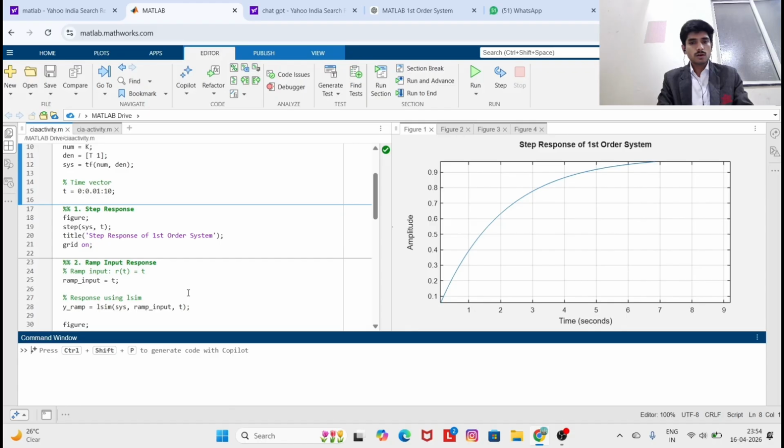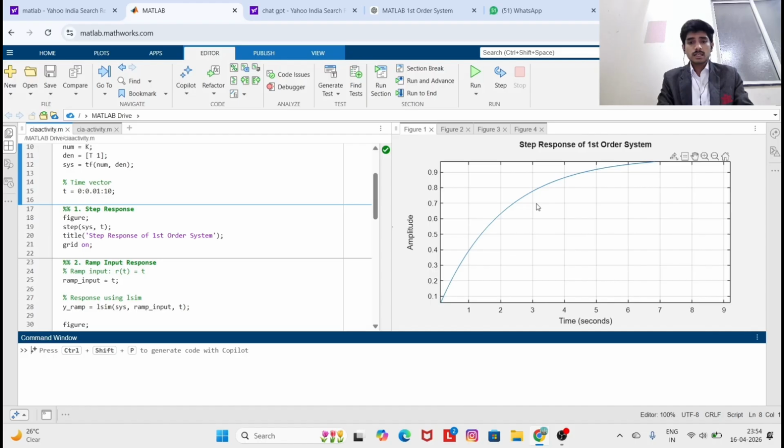The response follows the exponential rise. Finally, the output reaches a constant value, meaning the steady state. There is no overshoot or oscillations. The system is stable. This is the graph of the step response of the first order system.